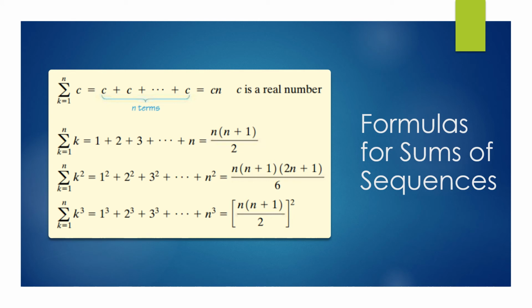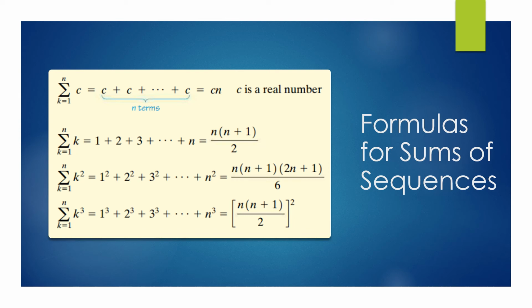Here's one that's similar to the example we just did. The summation of k equals 1 to n. K is changing. Here we have C above it. C is a real number. It stays the same. So that's why it's different. And when you are doing this type of summation, it is actually equal to n times the quantity n plus 1 divided by 2.